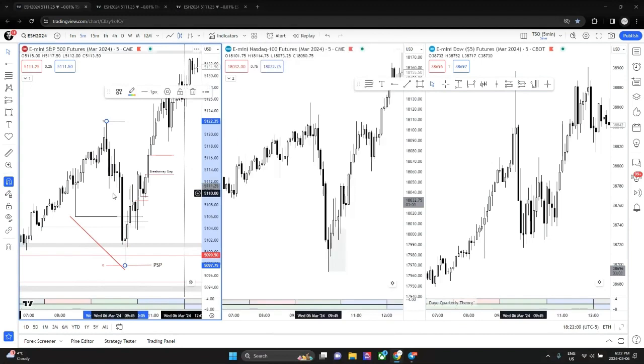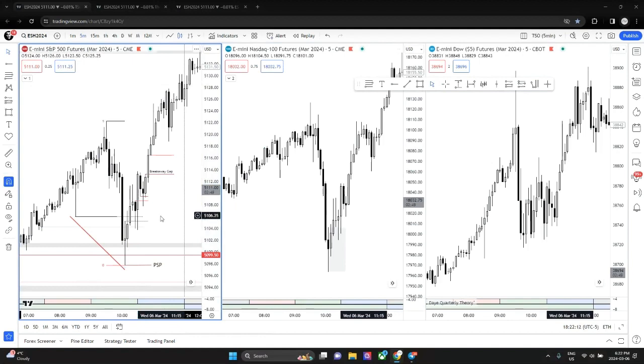So basically here is equilibrium, where you see the mouse right now. You want to be buying below equilibrium, and below equilibrium is where you will be looking for these cracks in correlations.